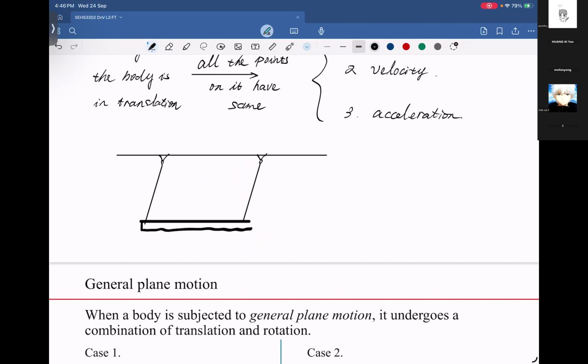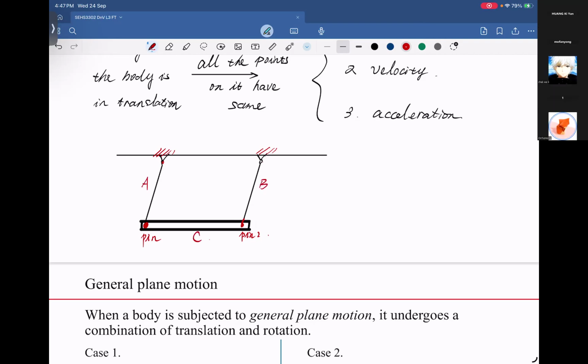And we have a red pin here, another red pin here. So here is a pin, and here is another pin, pin 2, and here is also a pin connection. And this is the fixed point. This is A, this is B, and this is the component C.